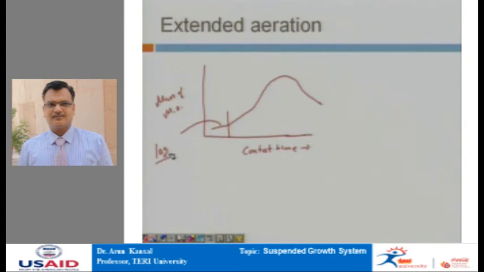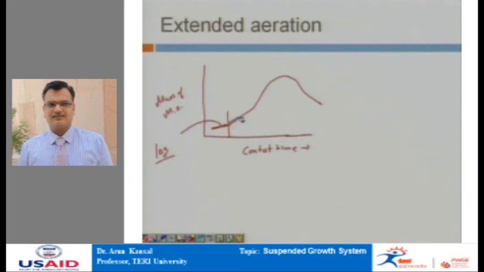Lag phase is the one in which organisms, for a given amount of time, do not grow at a fast pace. This is actually the process of acclimatization, where organisms are trying to acclimatize themselves to the new environmental conditions, and for organisms these conditions are pH, temperature, salt balance of the water, as well as the food available. So for a given amount of contact time there is not much significant increase in the microorganism population.